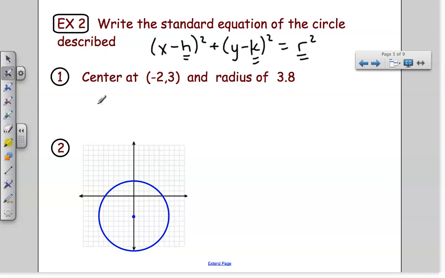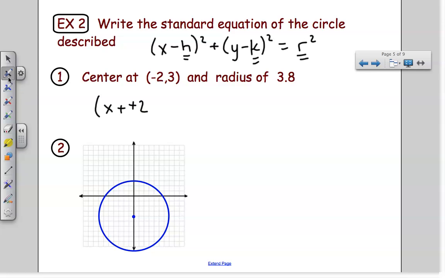We have to deal with that right away, actually. So the center is at negative 2, 3. Now the x of your center is negative 2, and that goes here as your x of center. So I'm doing x minus actually a negative 2. And of course, subtracting a negative turns into adding the opposite.